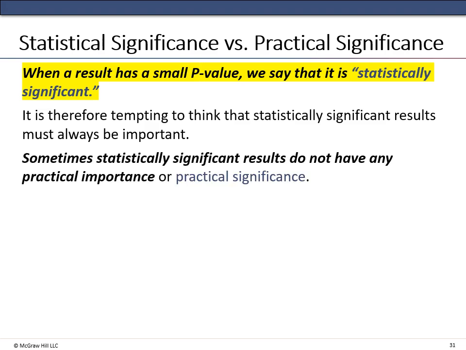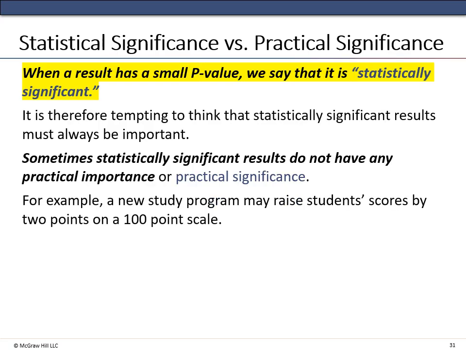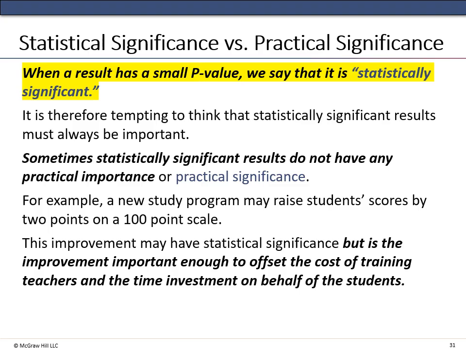Sometimes statistically significant results do not have any practical importance or practical significance. For example, a new study program may raise students' scores by 2 points on a 100-point scale. This improvement may have statistical significance, but is the improvement important enough to offset the cost of training teachers and the time investment on the behalf of students?